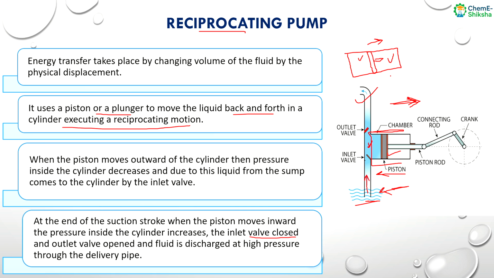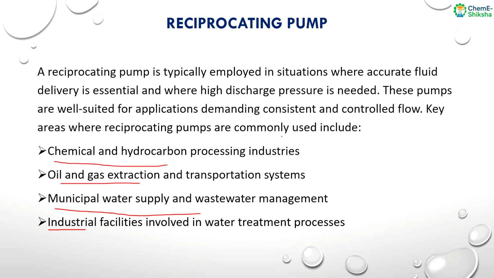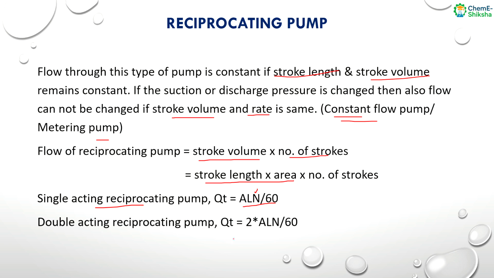In the opposite case, when the piston moves in this direction, it will compress this part of the liquid, so in this part there will be a discharge stroke and in this part there will be a suction stroke. This is the double acting reciprocating pump. In that case we have Qt equals 2 times ALN by 60.